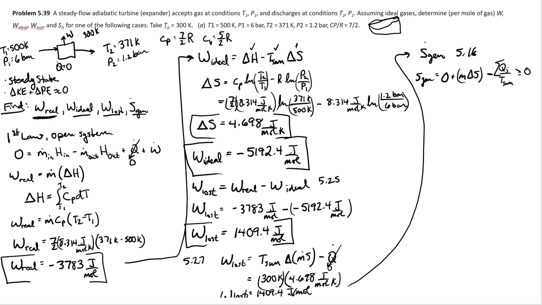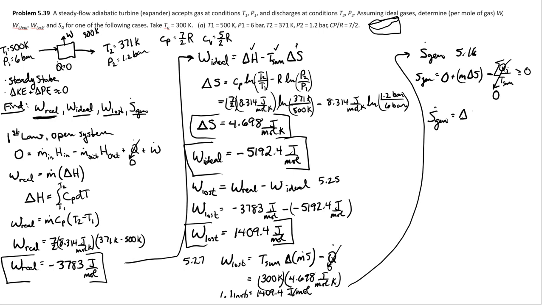So what do we do here? Well, we were given a T surroundings here. Is there an entropy change due to the surroundings? We're given a T surroundings, but remember, there's no heat transfer between our system and our surroundings. So there's no delta S for our surroundings. Everything in S dot gen is due to our system.